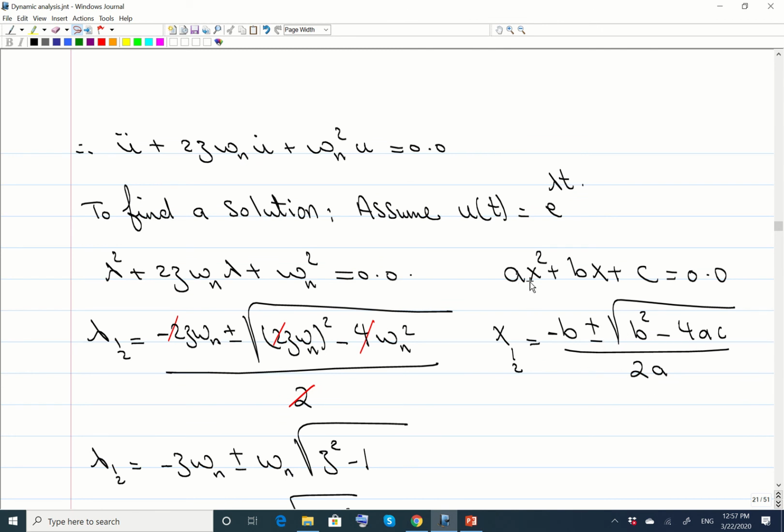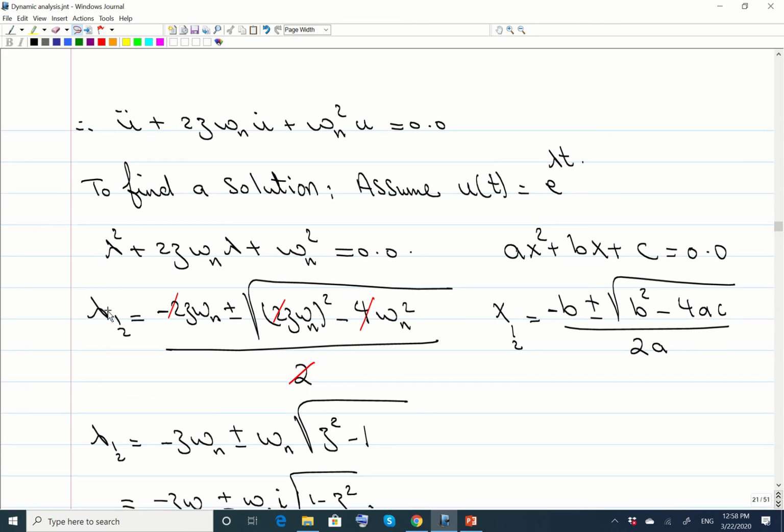Here instead of x we have lambda, so there are two solutions for lambda: negative 2 zeta omega n plus or minus the square root of (2 zeta omega n) squared minus 4 times a, which is 1, times c, which is omega n squared, divided by 2, since a is 1. Those are the two solutions.